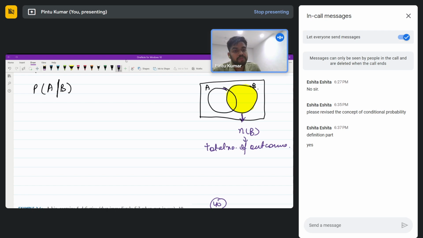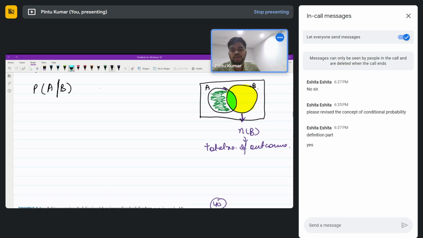And if B has already occurred, what is the possible number of outcomes for A? Because B has already occurred, this portion can't occur, the portion I shaded in green. So the portion that can occur is this A intersection B, right?